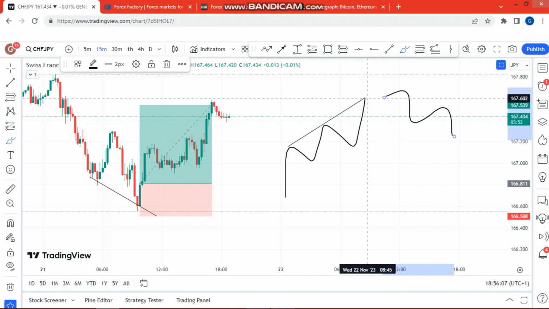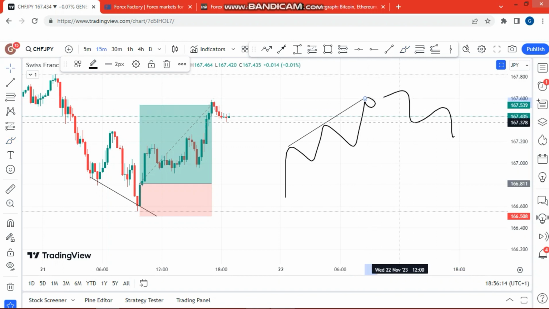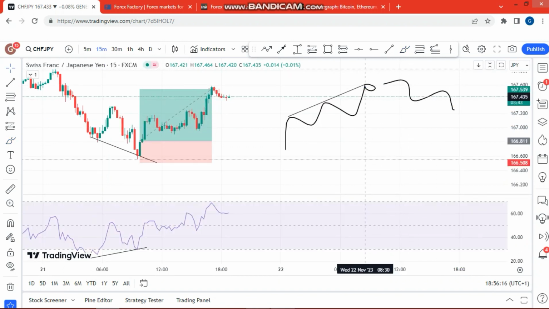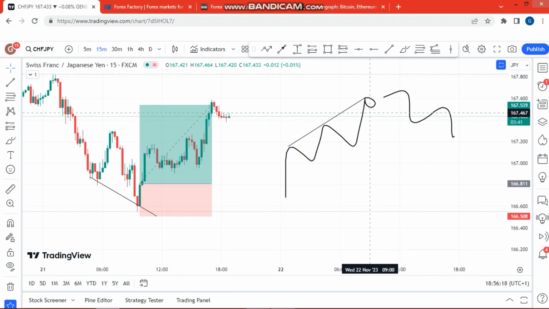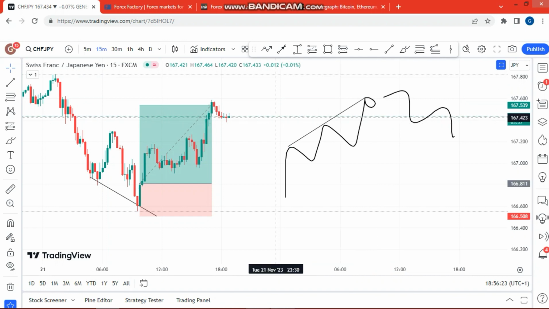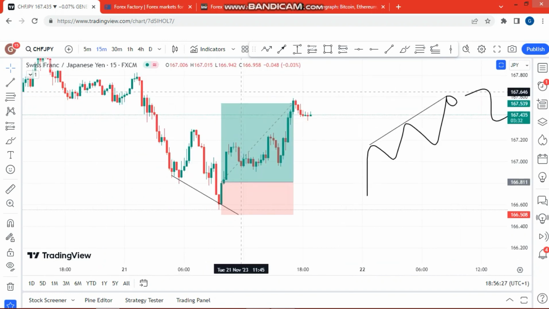You want to wait for a strong bearish engulfing candle pattern right there to take your sell positions. That is how easy and straightforward this strategy is.